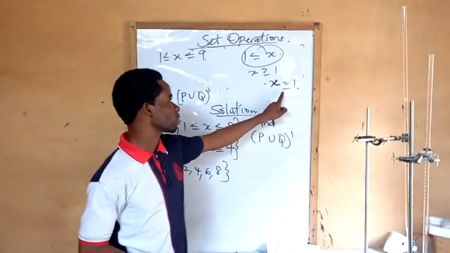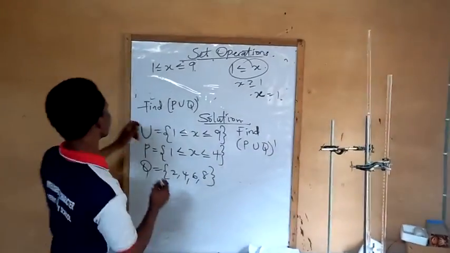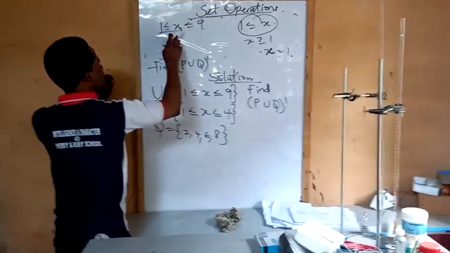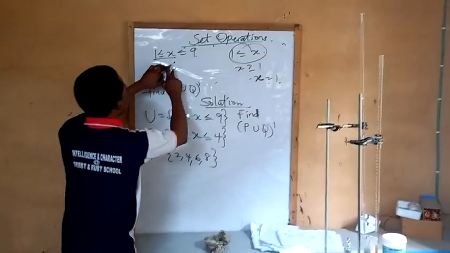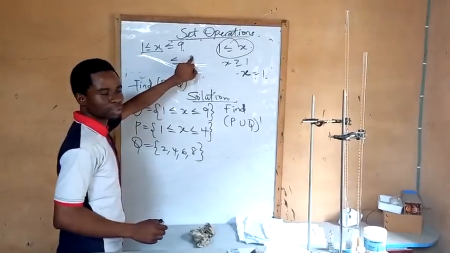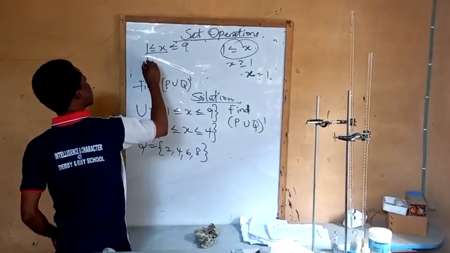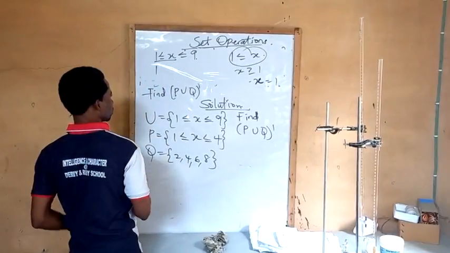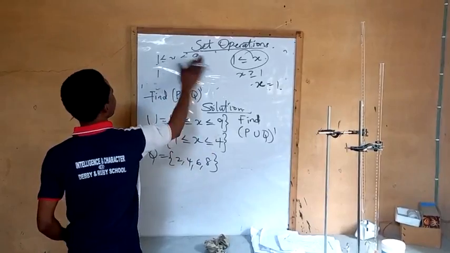So for 1 less than or equals to x, x starts from 1. Now this one means less than or equals to 9. That means we are starting from 1, and we are stopping at 9. So that is the meaning of this. That means universal.